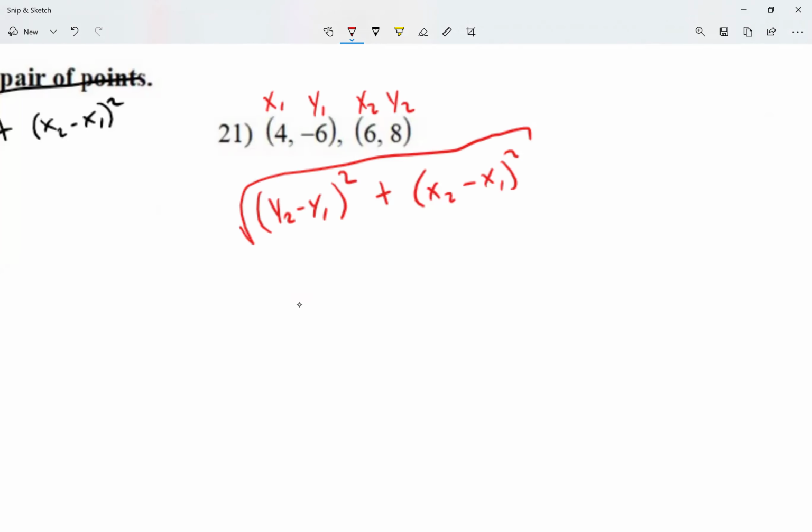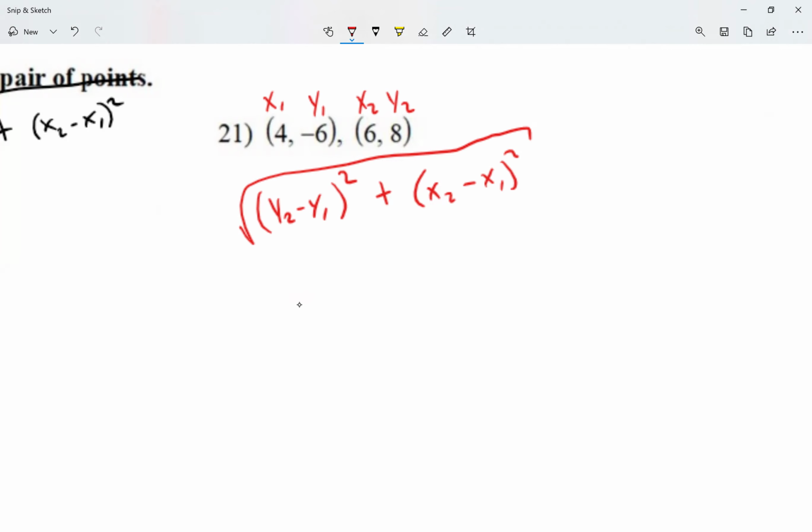You might see a formula where the parentheses are swapped. Instead of here, I'm subtracting the y's in the first parenthesis, and on the second parenthesis, I'm subtracting the x's. So if you guys Google the formula, sometimes they switch the parentheses. First, they have you subtract the x's, and then they have you subtract the y's.